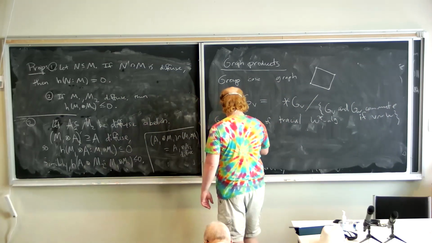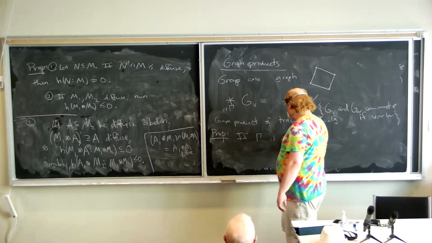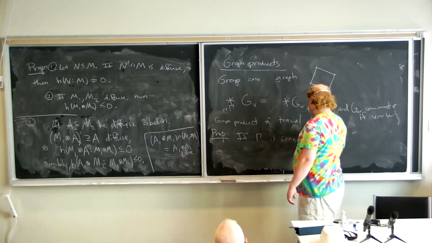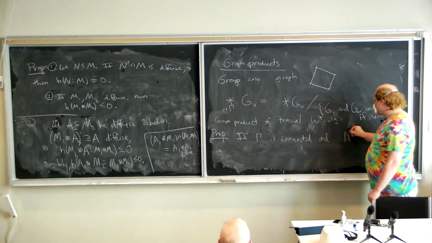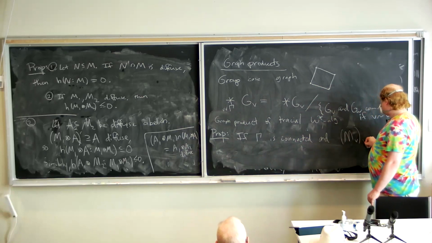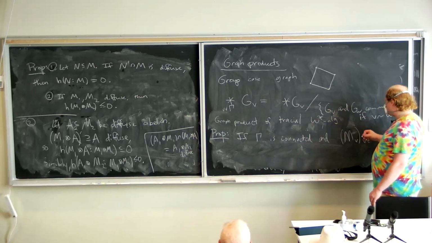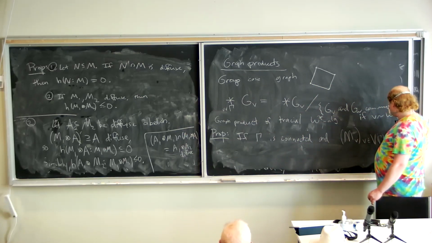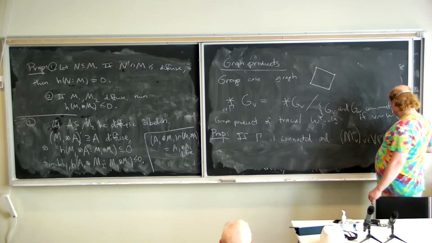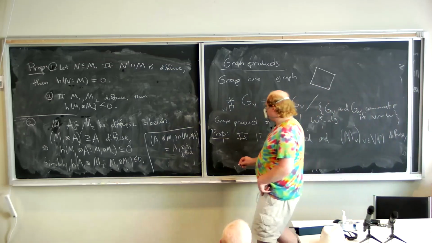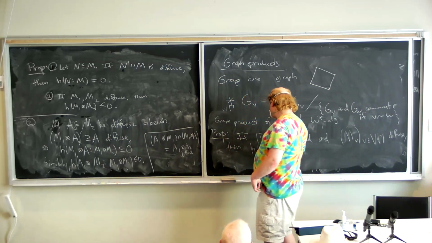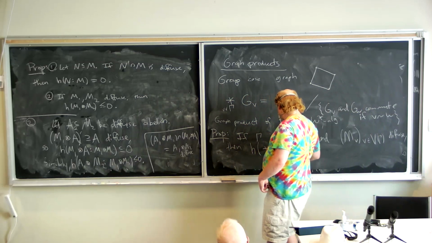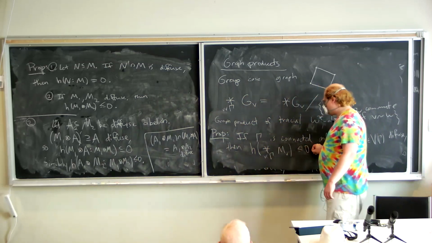If gamma is a connected graph, and if you choose von Neumann algebras with trivial states for each vertex, which are diffuse, then the H of the graph product will be less than or equal to 0.